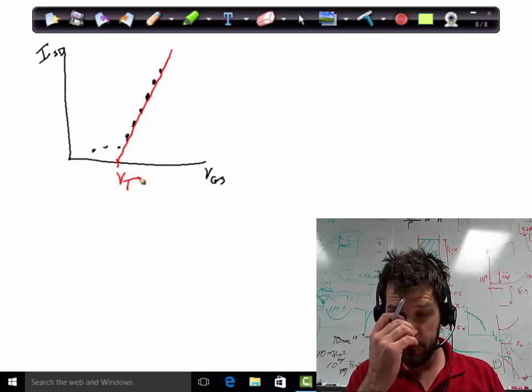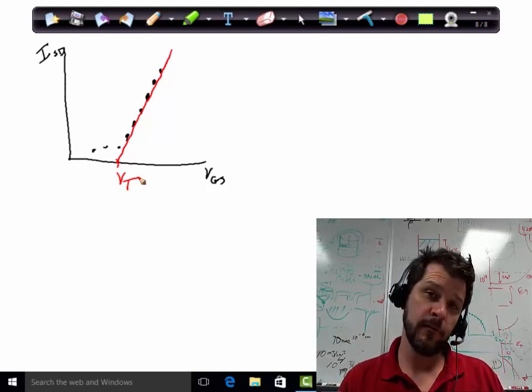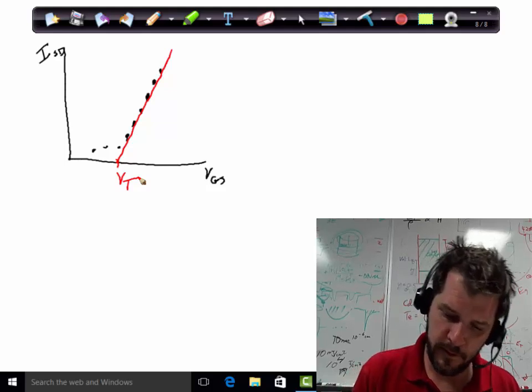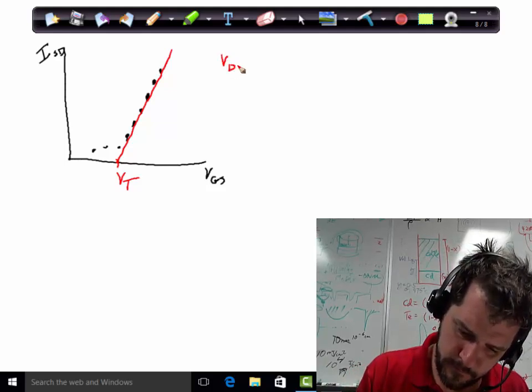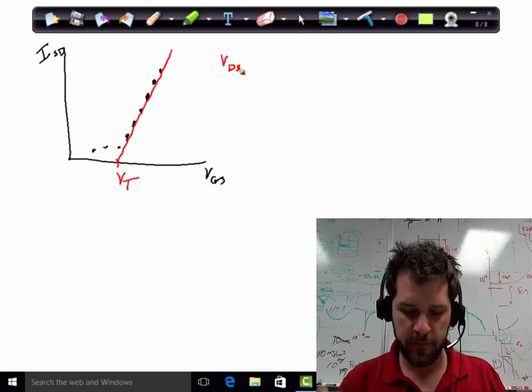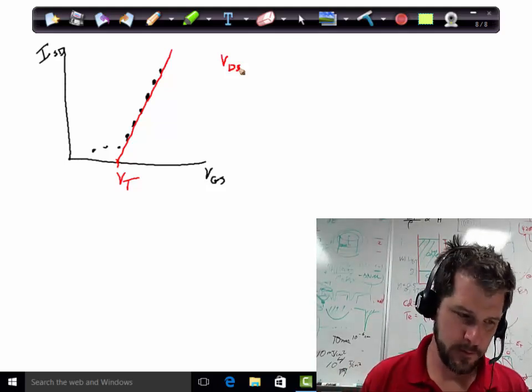Of course, there's no such thing as zero current running through the device as long as you have a finite drain source. There's always going to be some leakage, and so you have to do an extrapolation plot to determine this.